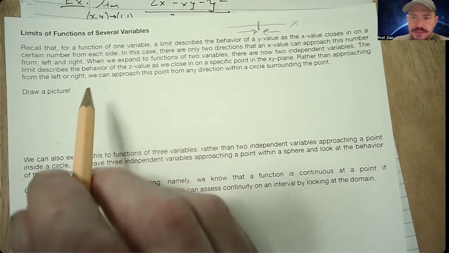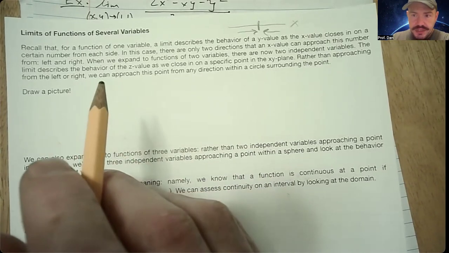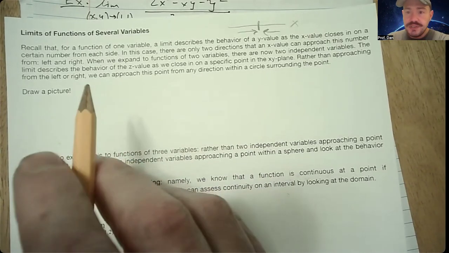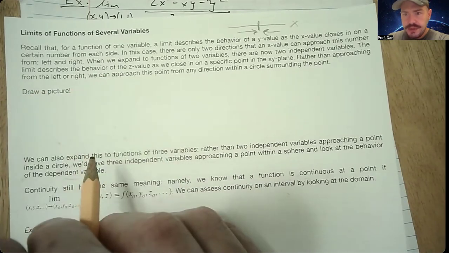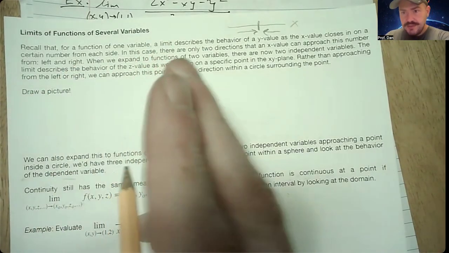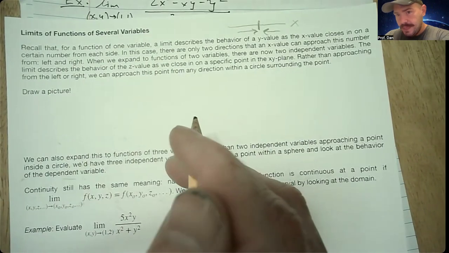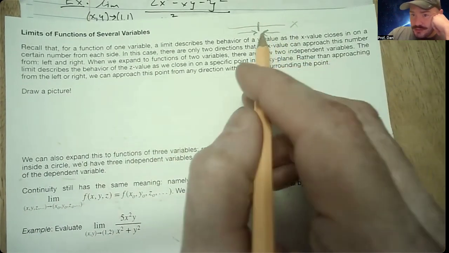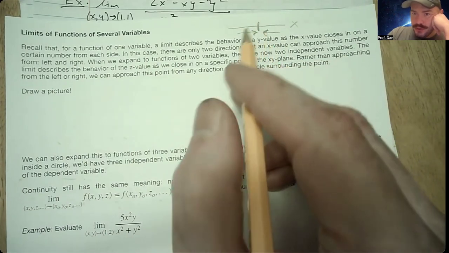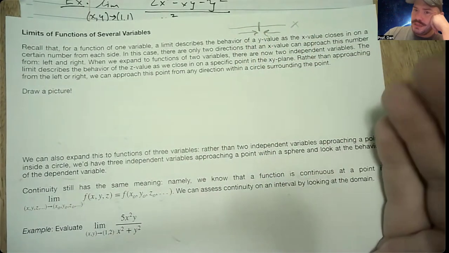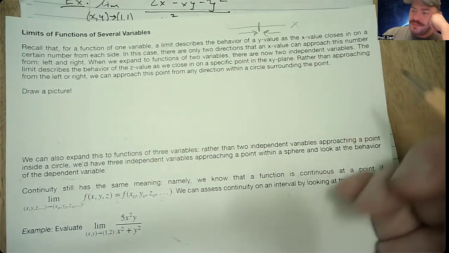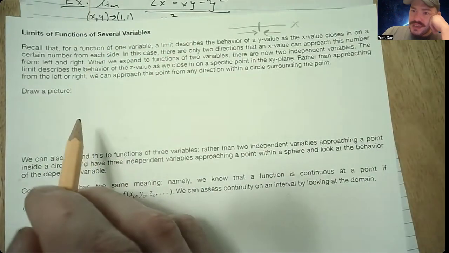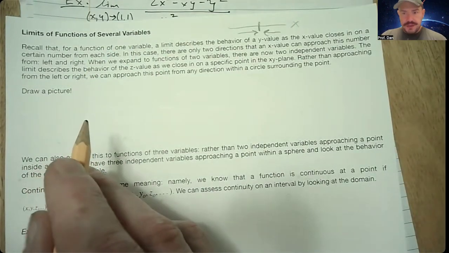Keep in mind, in the last video, we talked about how functions of two variables have two independent variables, x and y. So when we talk about the limit as x approaches a number, the two variable analog of that would be an xy coordinate approaching something.